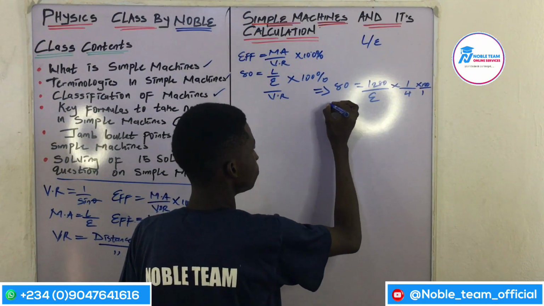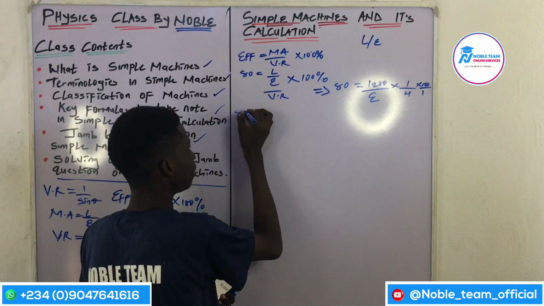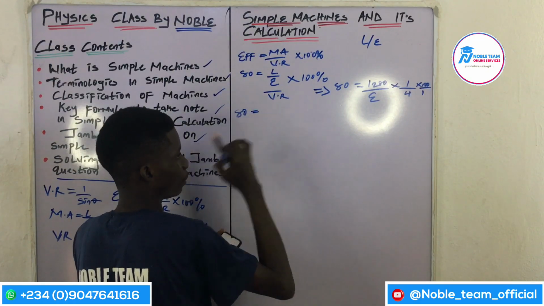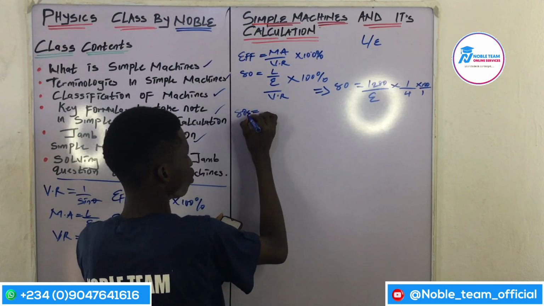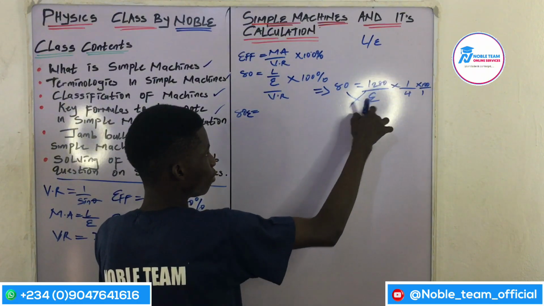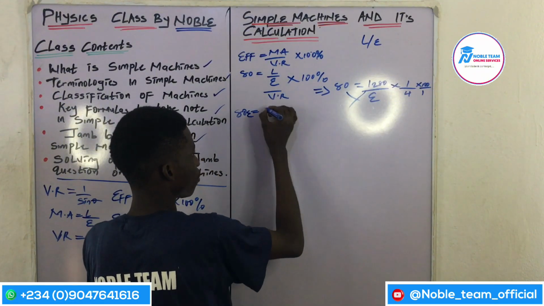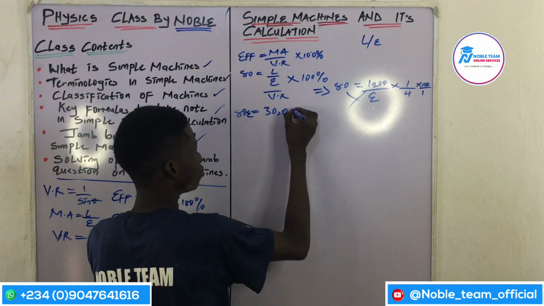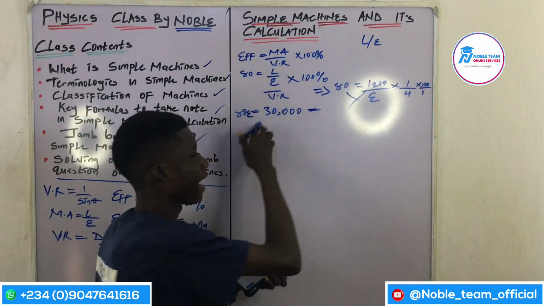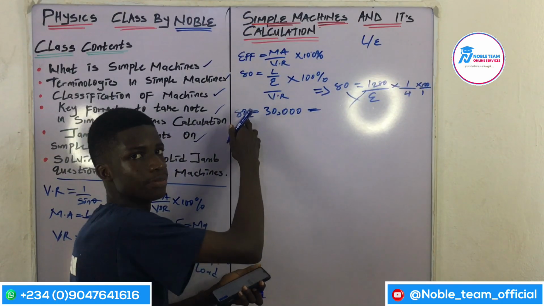So 80 is now equal to 30,000 over E. We cross multiply: 80E equals 30,000.